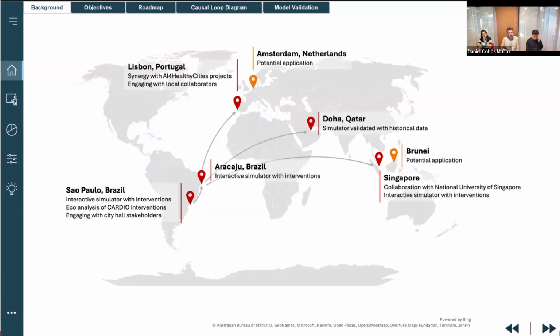So these are the iterative processes where we try to understand the model constructively and critically, so that the local stakeholders could also really trust it and build ownership of the adapted model. Next, please.